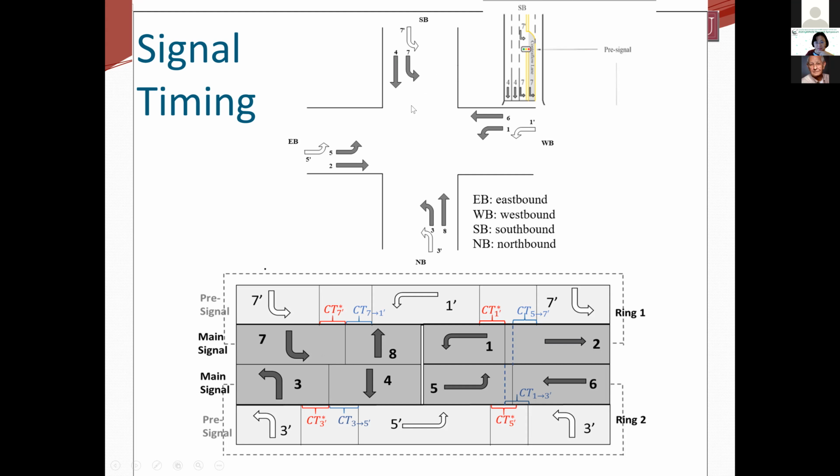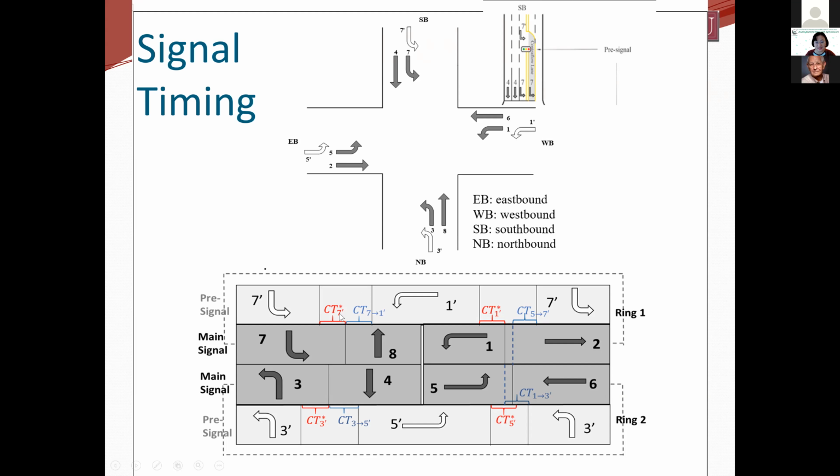Before the end of the main intersection left-turn phase, we need to cut the green light for the pre-signal lights. We will not let vehicles enter the contraflow lane before the end of the main intersection left-turn phase, because we need some time to clear all the vehicles in the contraflow left-turn lane.